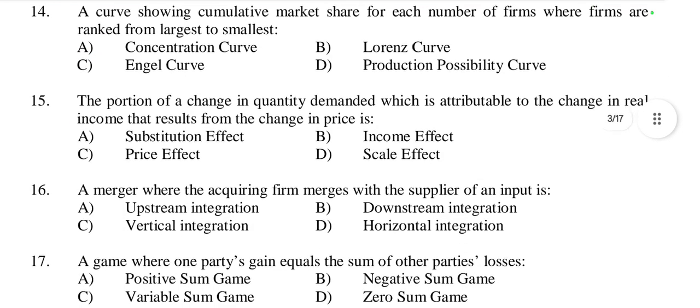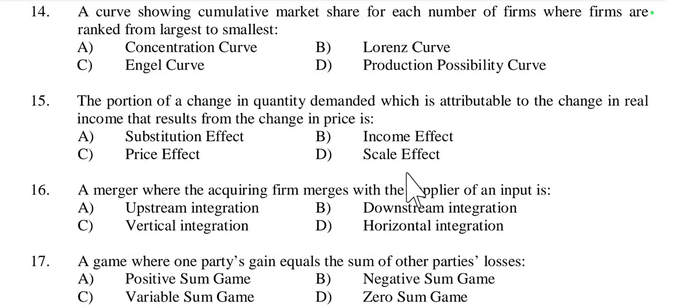Then question number 15, the proportion of a change in quantity demanded which is attributable to the change in real income that results from the change in price is called substitution effect, income effect, price effect or scale effect.